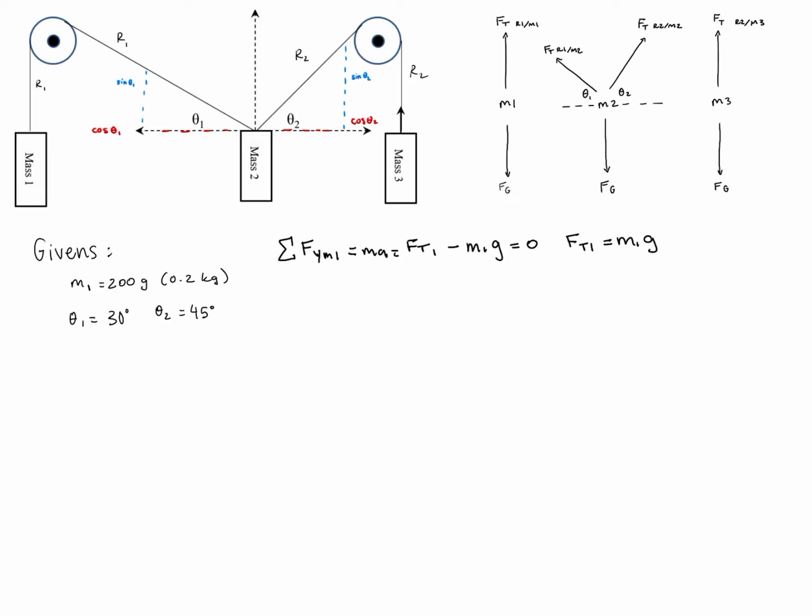So I'm going to start with the x direction. So the sum of the forces for the x of m2 is equal to, and so we have force tension 2 cosine theta 2 minus force tension 1 cosine theta 1.